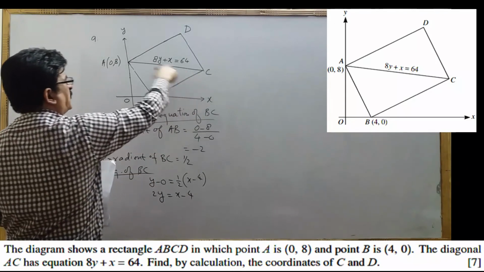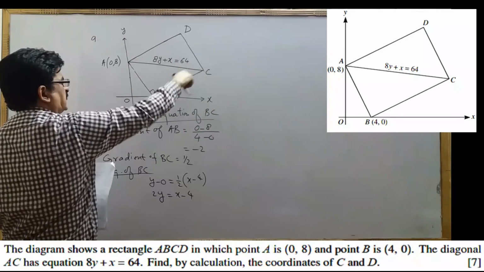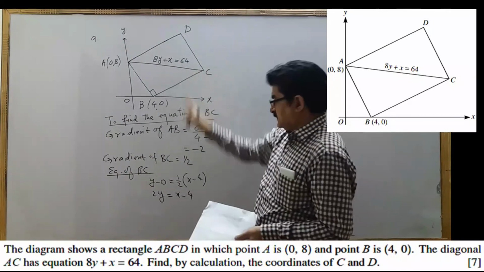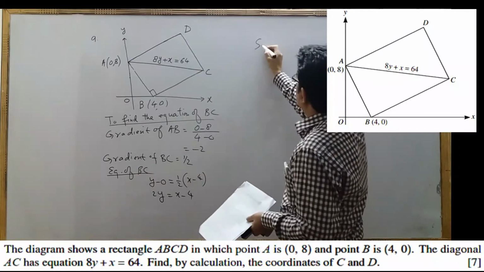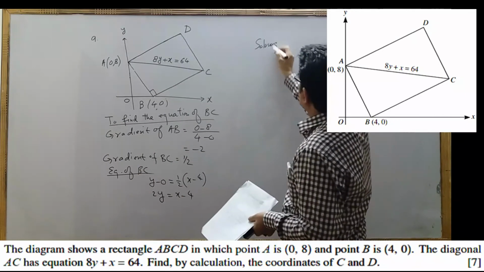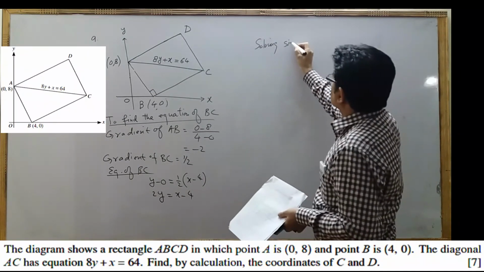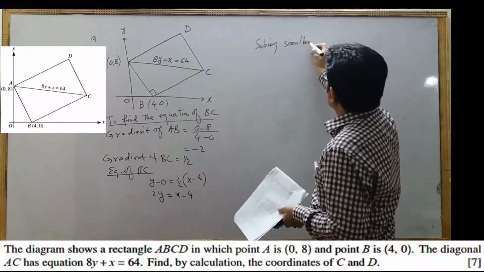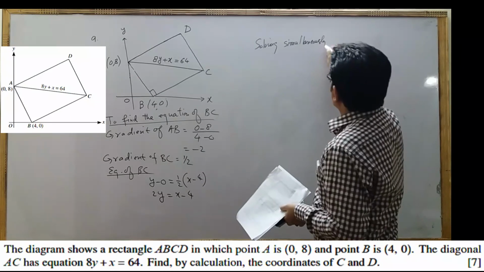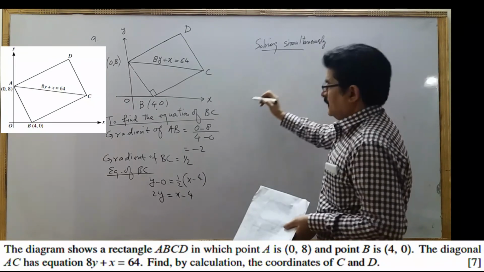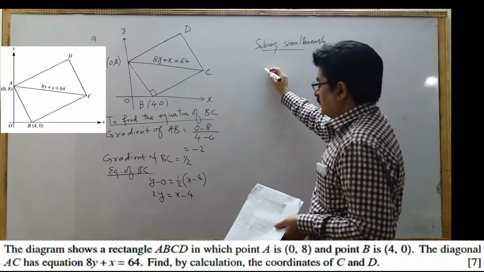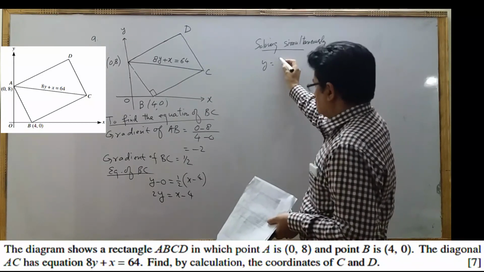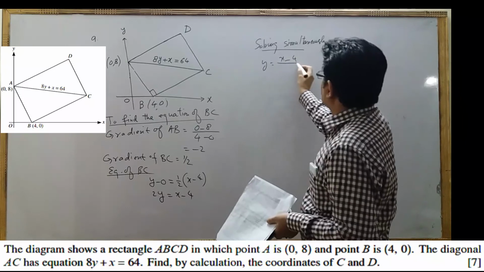Now C is the point of intersection of AC and BC. So we have two equations, one this and second this. Solving simultaneously, from here you have y equals x minus 4 over 2.